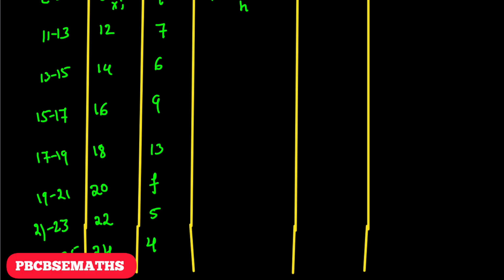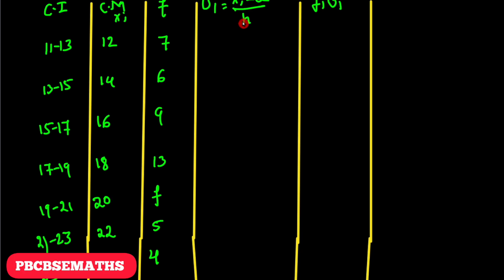Now let's calculate the ui value. How can that be calculated? We have to take any one value among these class marks as the assumed mean, that is a. Then we have to subtract that a value from these class marks. Then the difference should be divided by the class size h.